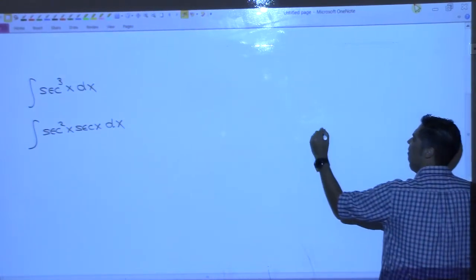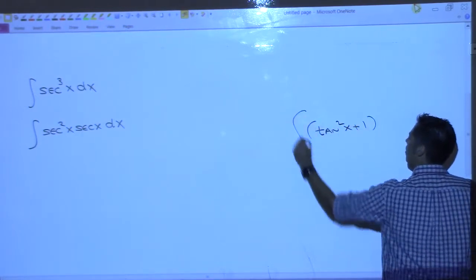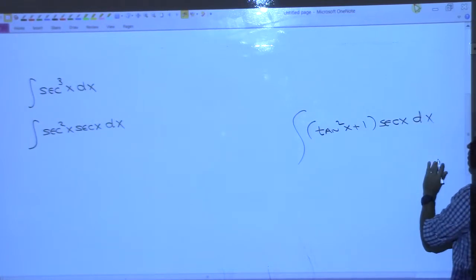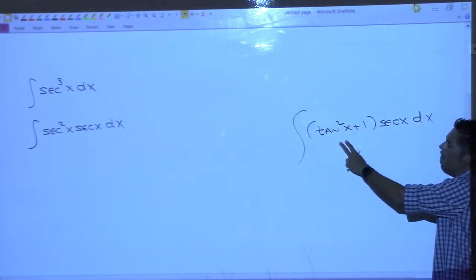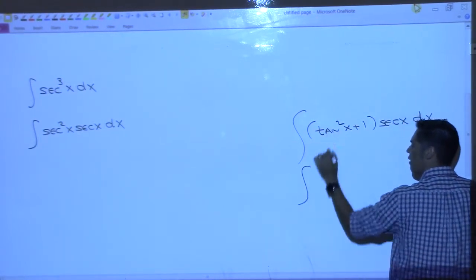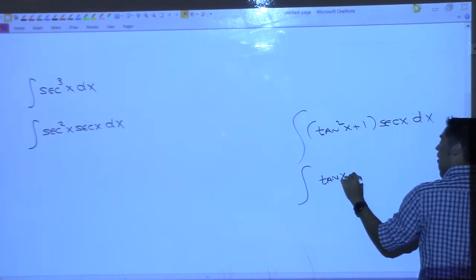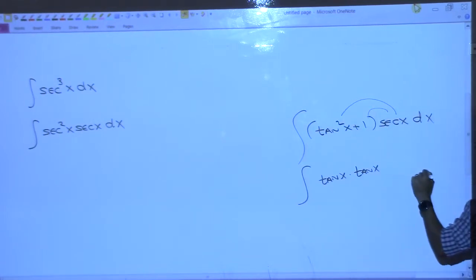Let me just write it down. Tangent squared x plus 1. This is what we would be looking at right there, right? And then you're saying make that tangent times tangent? Okay, I see what you're saying. So you're saying rewrite that as tangent x times tangent x, and then you want me to distribute this?